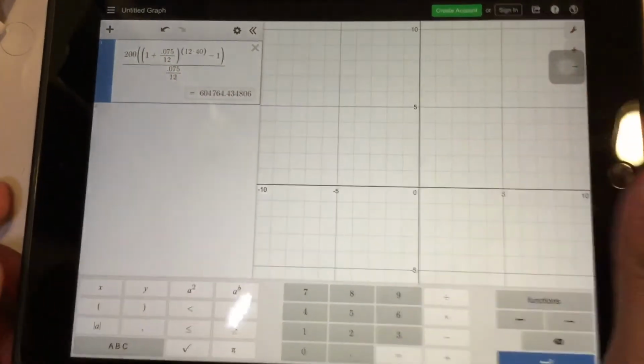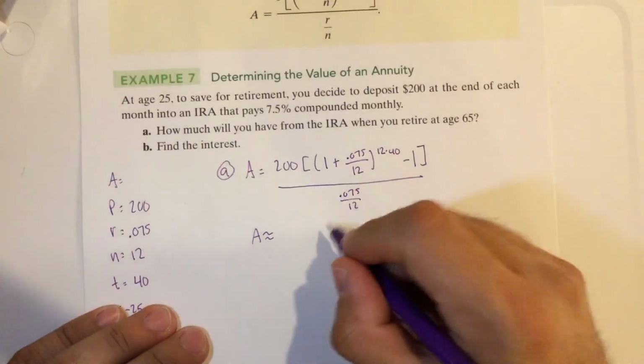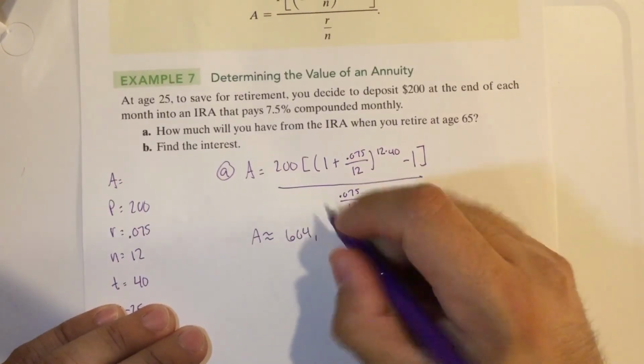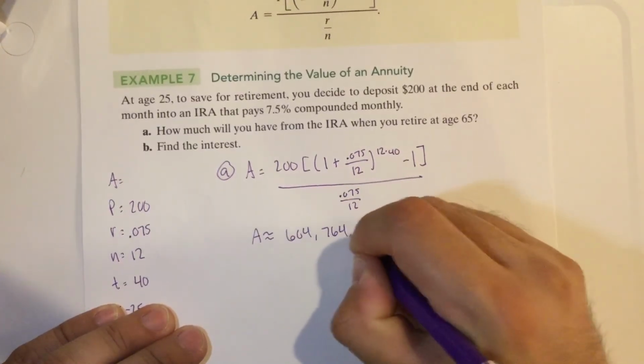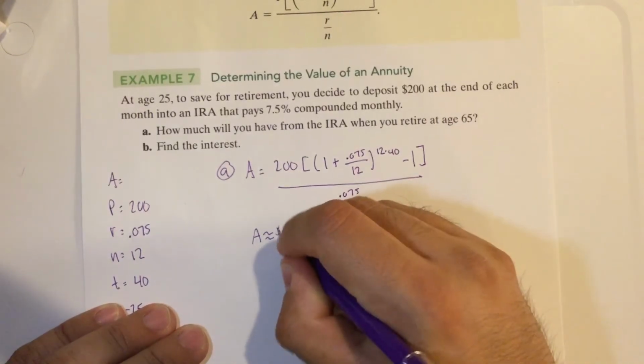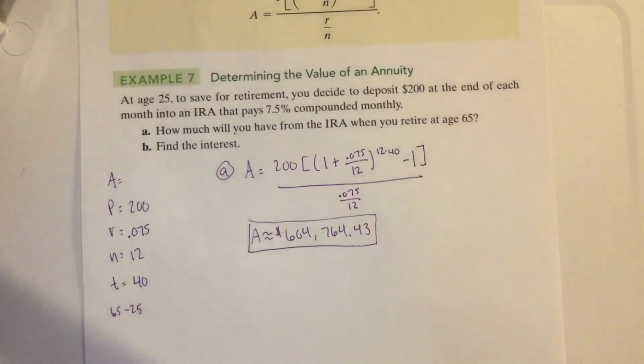All right, so let me transfer this answer onto my paper. So the answer I got again was $604,764.43. All right, for part B, it says to find the interest.